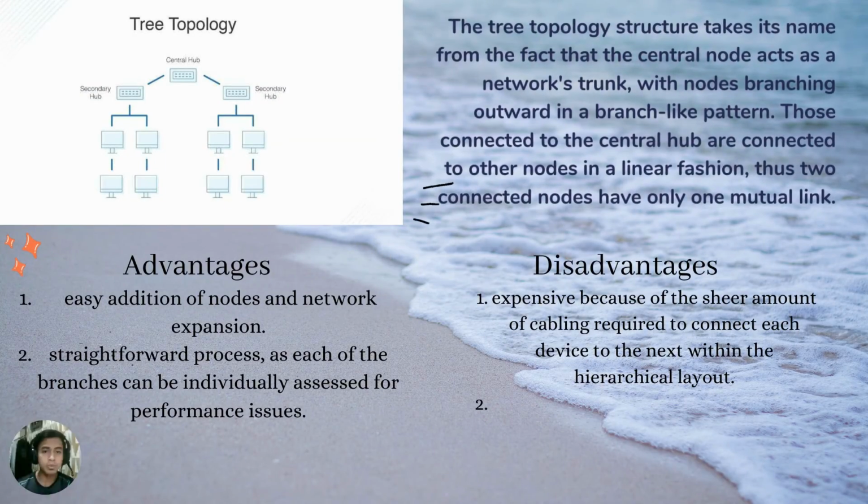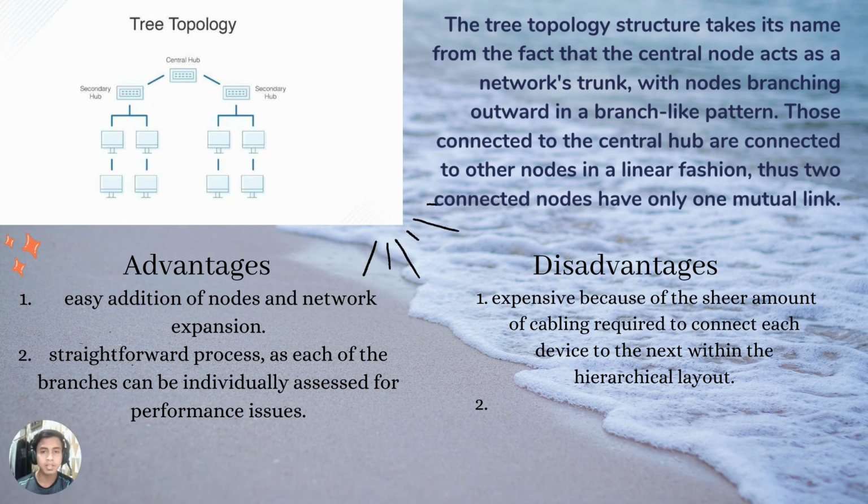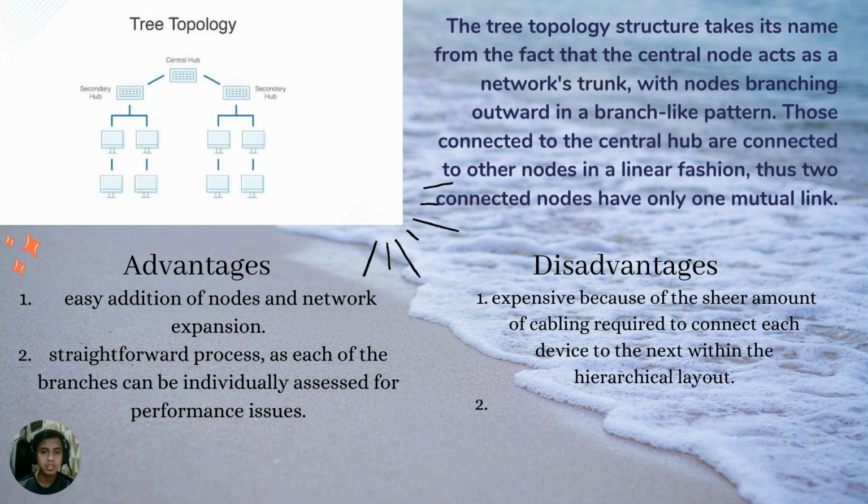So next is tree topology. The tree topology structure takes its name from the fact that the central node acts as a network trunk, with nodes branching outward in a branch-like pattern. Those connected to the central hub are connected to other nodes in a linear fashion. Thus, two connected nodes have only one mutual link.